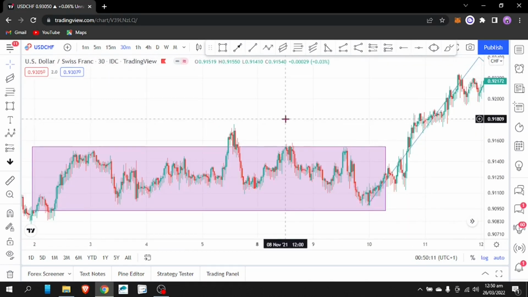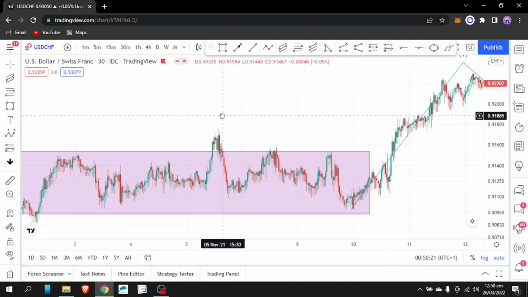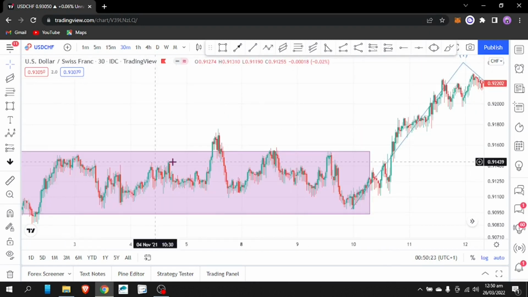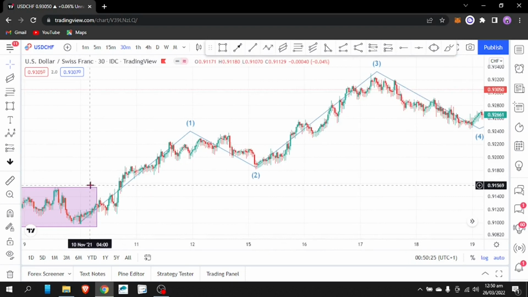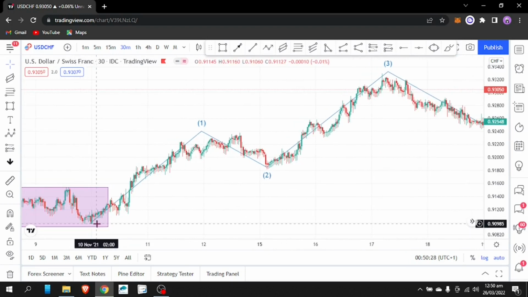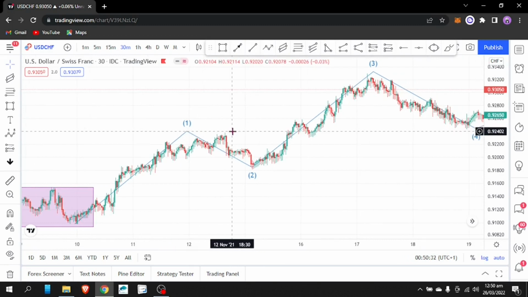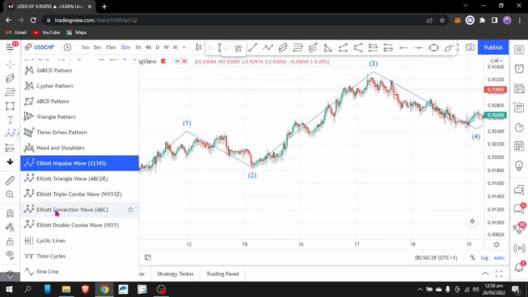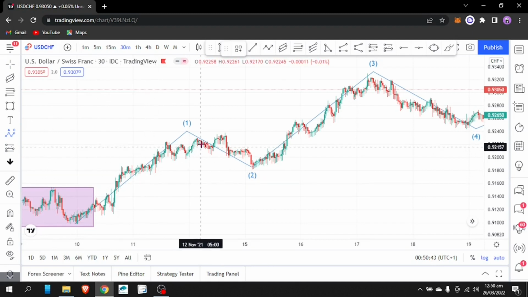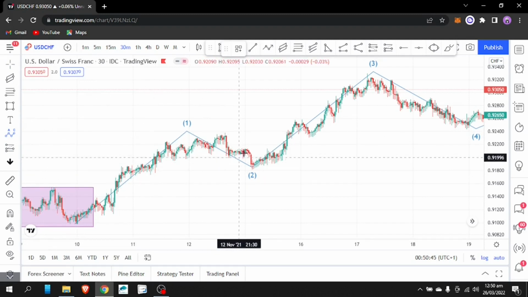Now back to the 30 minutes chart, you can see that here already is a resistance level, and then from this point to this point we had our first wave. And if I use the A, B and C corrective tool, we'll discover that we have our A, B and C reversal pattern.